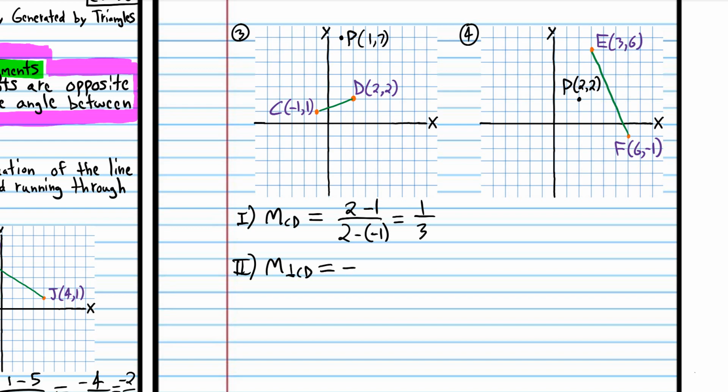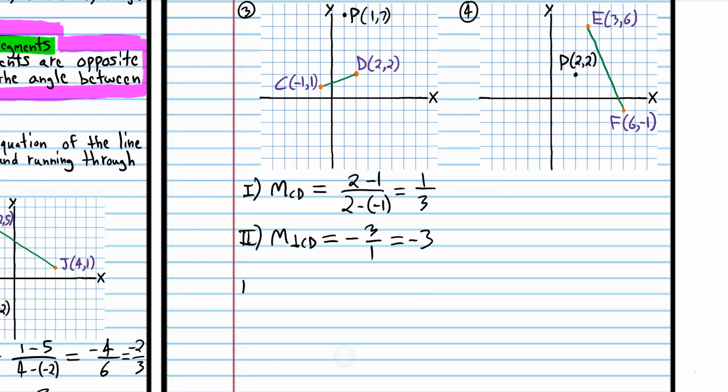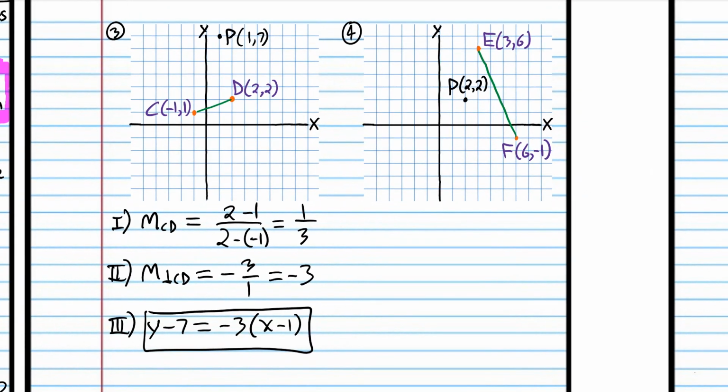And we just switch the sign and flip it over so it becomes 3 over 1, or we can just write it as negative 3. And now we can write the point-slope form of the equation because we have our slope, and up here we already had our point, 1, 7. So y minus 7 equals negative 3 times x minus 1. So if you got that answer, good job. All right, try number 4, and when you come back, we'll do it together.